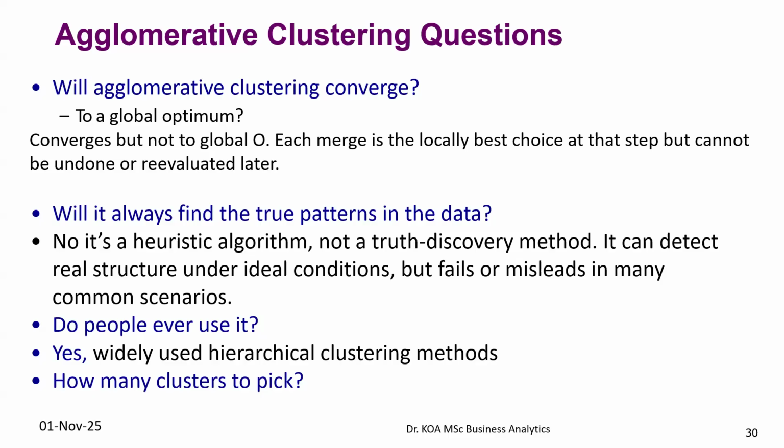Why? Who can guess why? When you say it will never get to a global optimum, in other words, we will not get the best of clustering. Okay. Why? Because when you do each merging, you are doing it at the local level. But you cannot break that down.